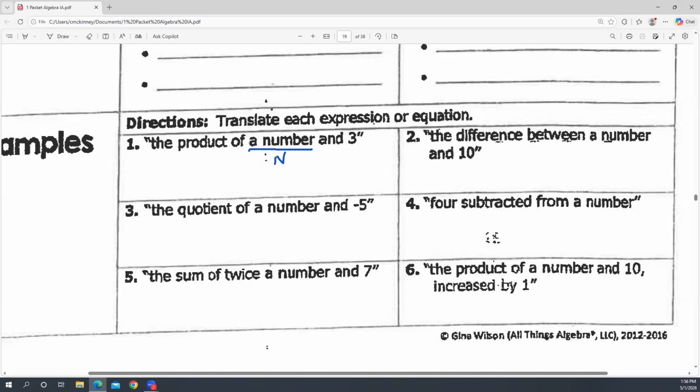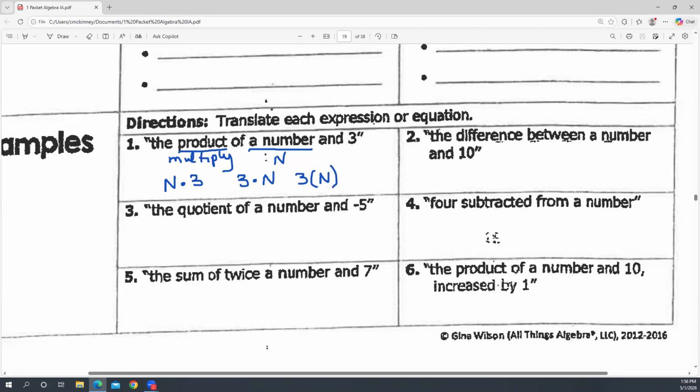So the product tells me which operation? Yeah, multiply. The product of a number and 3. So a number times 3, or we could say 3 times a number, or we could say 3 parentheses a number.